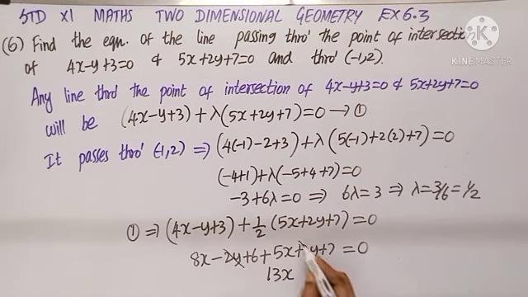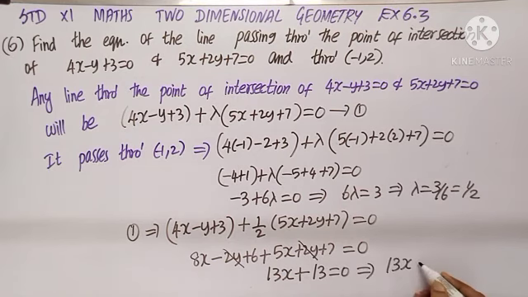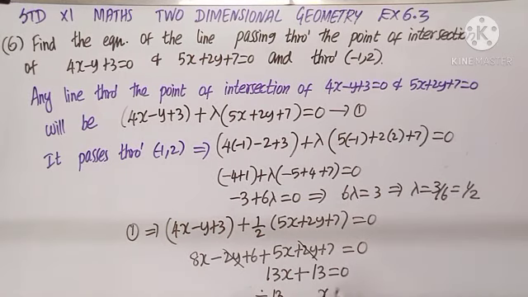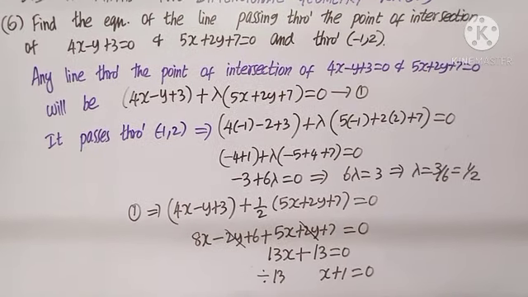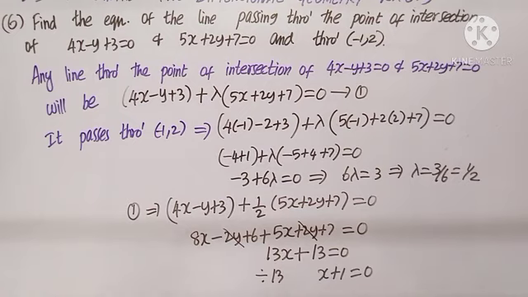Minus 2y plus 2y cancels. 6 plus 7, 13, equal to 0. Or 13 I can divide. My answer is x plus 1 equal to 0. And this is the line that is passing through the intersection of the given two lines.